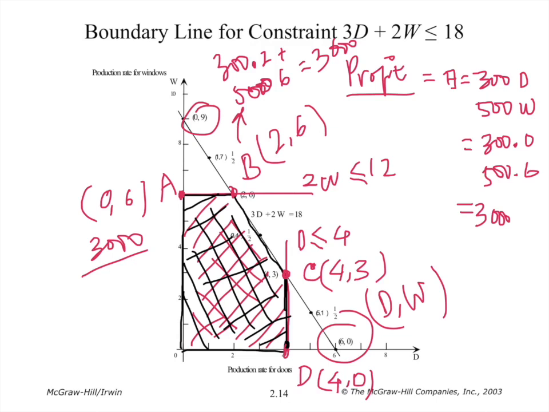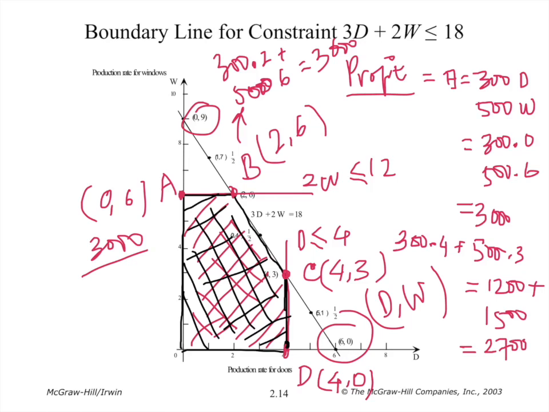How about point C? Point C is 300 times 4 plus 500 times 3. How many? 1,200 plus 1,500, so equal to 2,700.